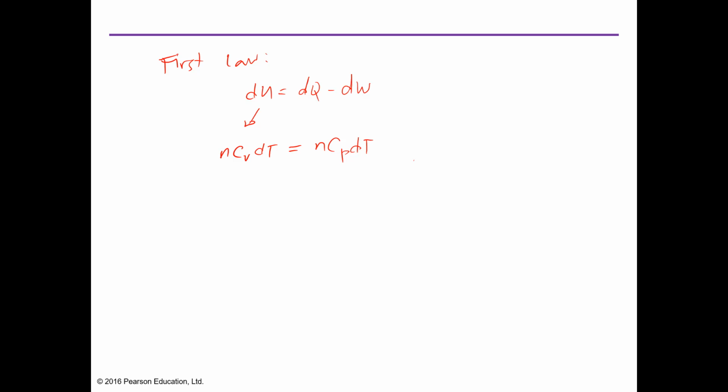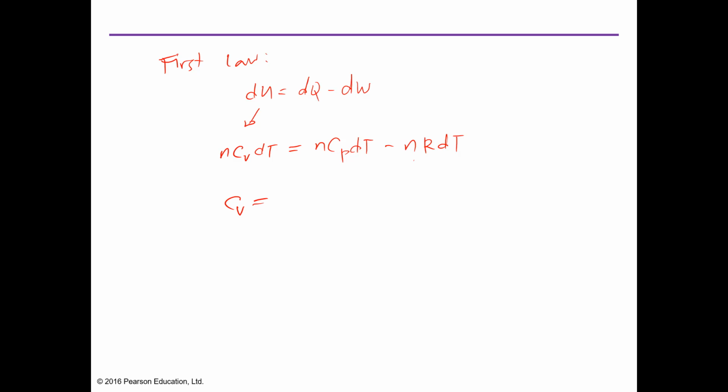And my work is equal to nR dT. And from this, notice that the n and dT cancel, right? They are common terms: n, dT, n, dT. So what remains is this.